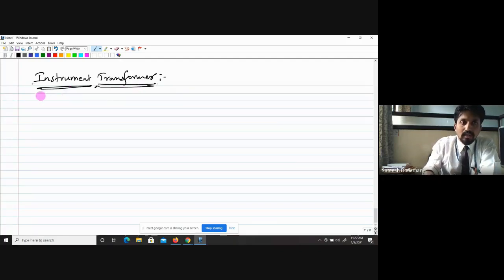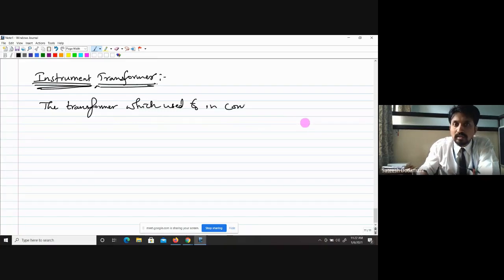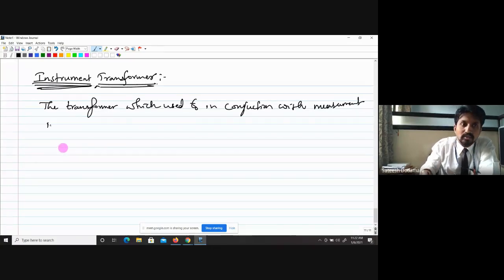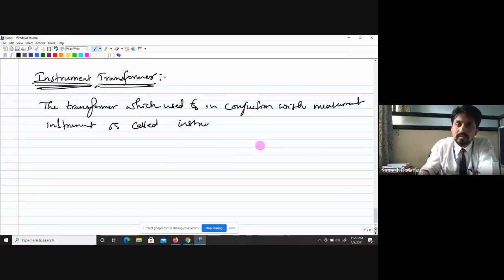Transformer, you know already. What is an instrument? The transformer which is used in conjunction with a measurement instrument is called an instrument transformer.